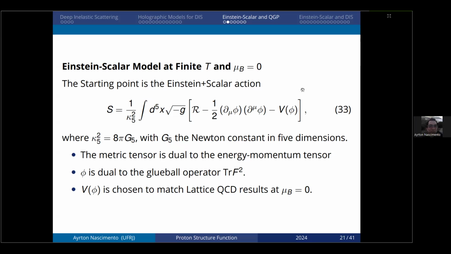But these models over here, the deformed AdS, soft wall model and everything, they break conformal invariance.